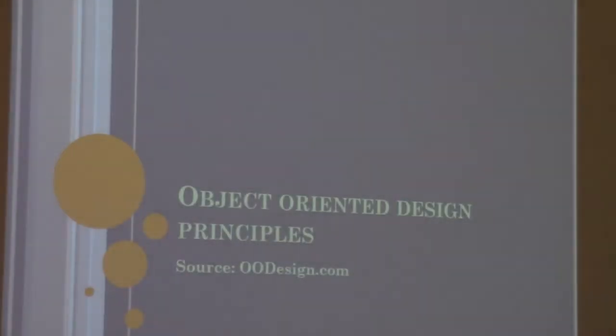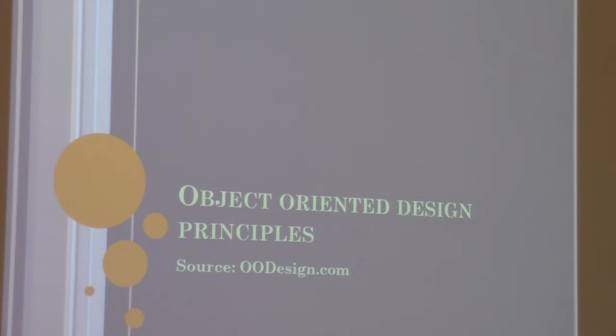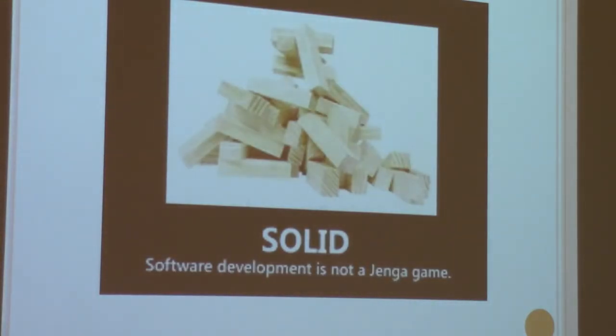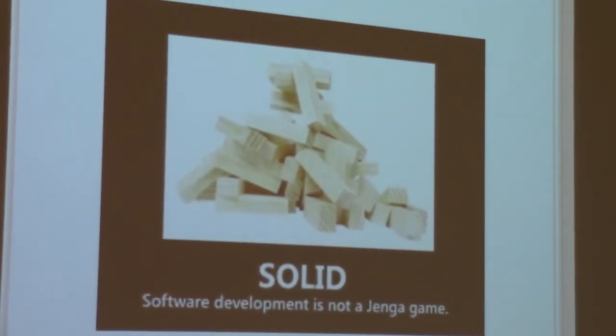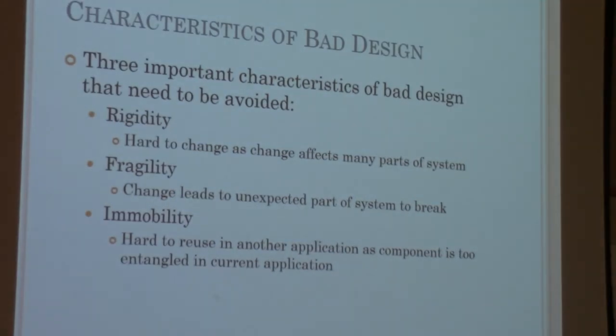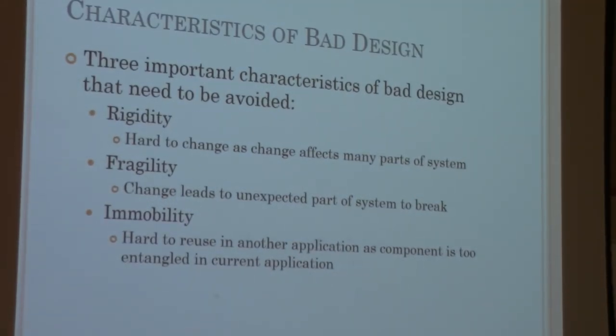Let's first start with object-oriented design principles, and here is the acronym I was talking about. SOLID, S-O-L-I-D. A little bit about characteristics of bad design. When do you call a solution not great? Number one, rigidity. That's why we said we should keep things flexible in our project.